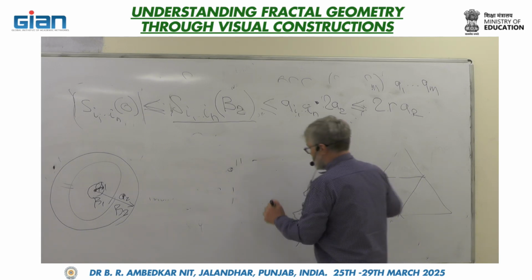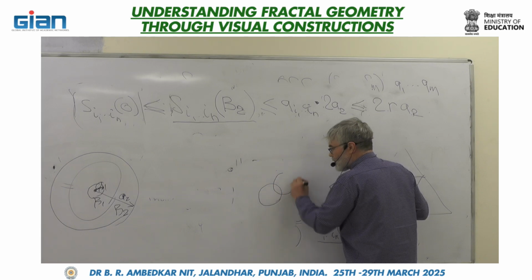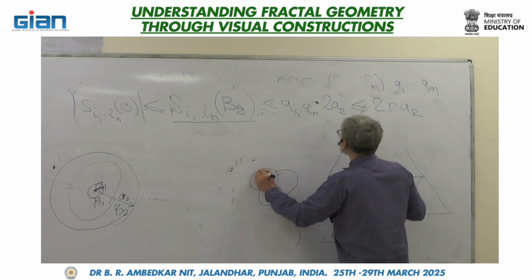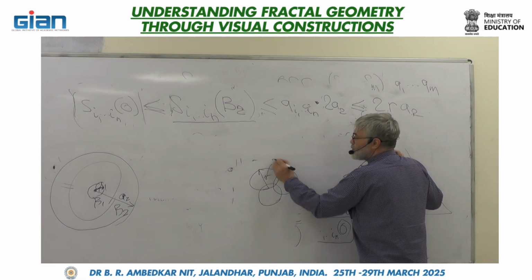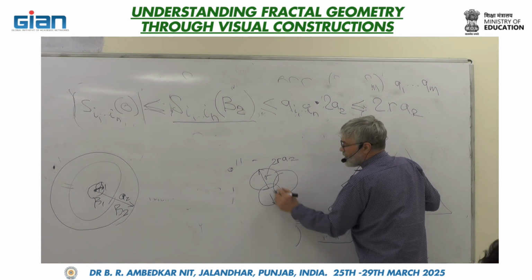So we have a picture. You have a large ball, and here are balls, and their diameter is 2RA2.